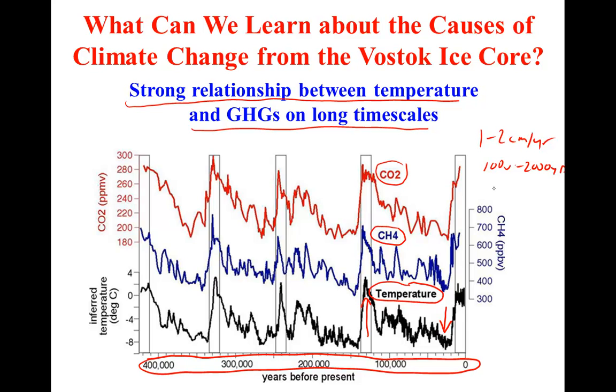In other words, the bubbles are always younger than the ice at the same depth. How much younger is a function of how long it takes for the bubbles to get sealed off, which is a function of the rate at which snow accumulates on the ice sheet surface.